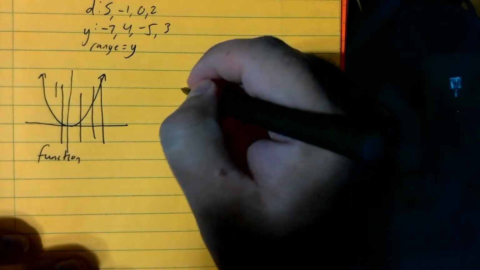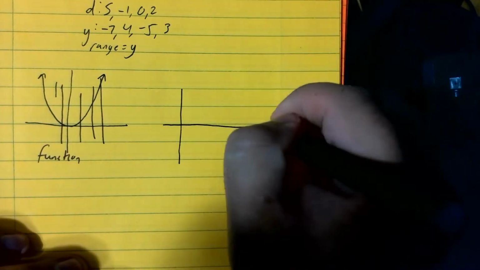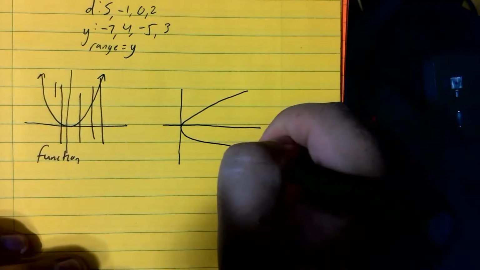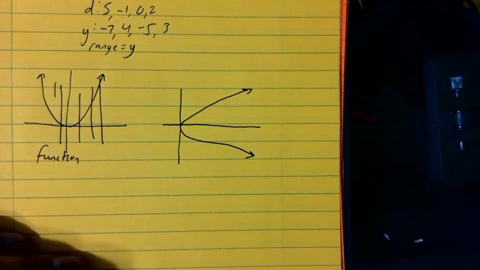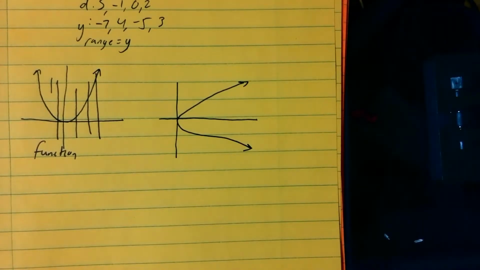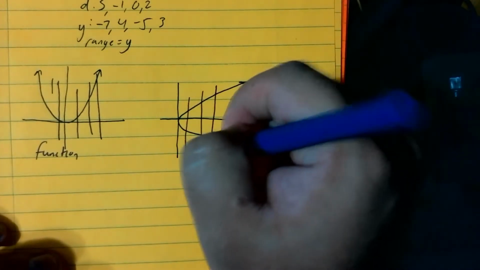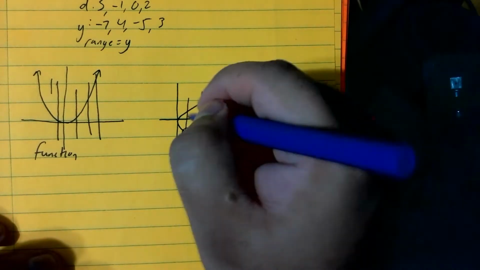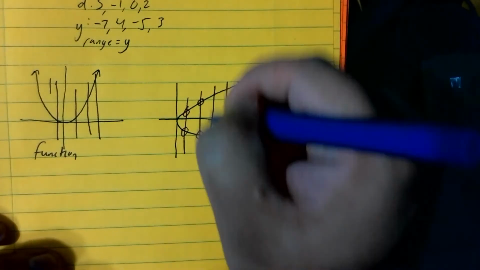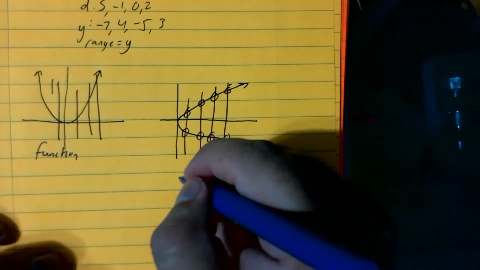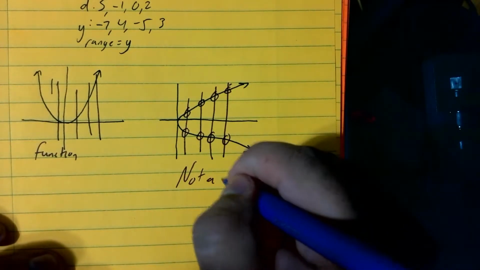If we have a graph like this, draw a vertical line. And as you can see, the vertical line hits our graph in 2 different places. That means it is not a function.